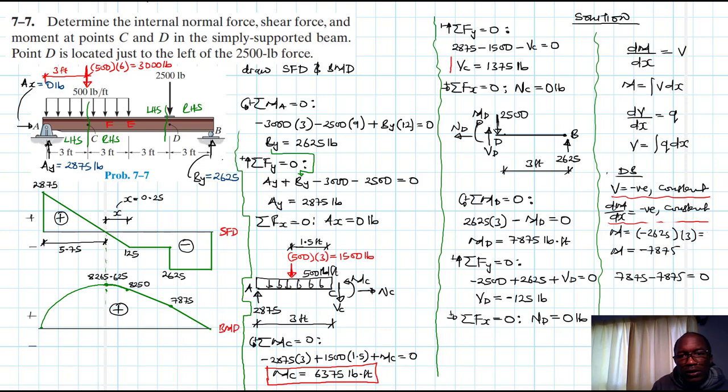VC, we found 1375. Let's check our diagram. All right, 1375. Of course it makes sense. And then of course normal force, we didn't even draw any diagram. We are not even expected to, because this is 0.